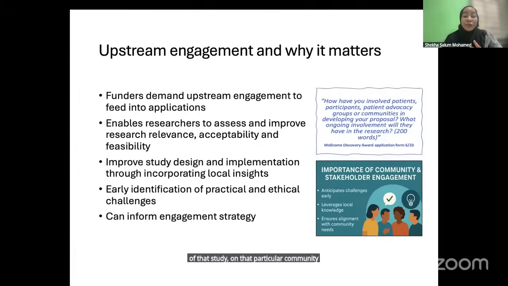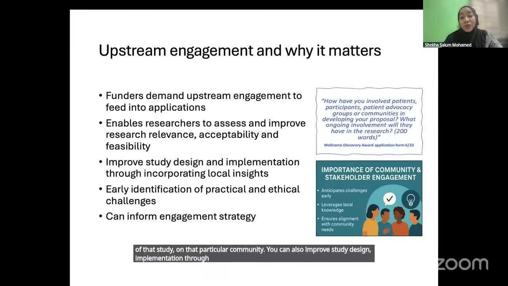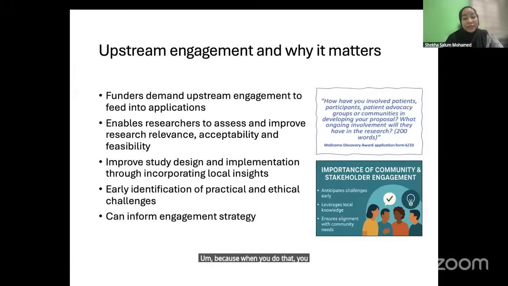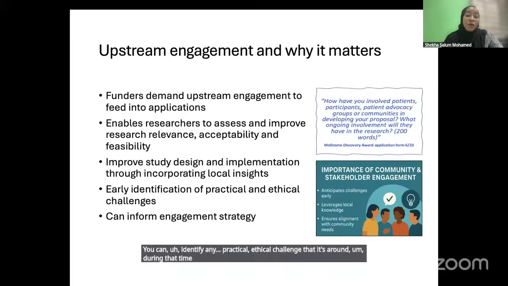You can also improve study design and implementation through local insights and local expertise, because when you do that, you improve the ownership of that study. And also you can identify any practical or ethical challenges that are around during that time.